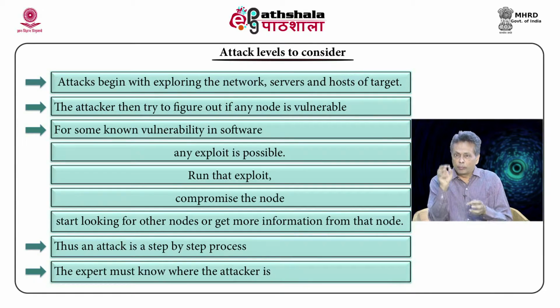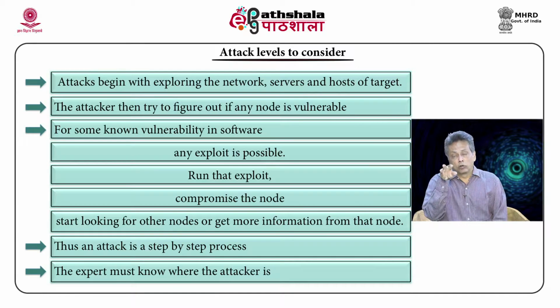Then he probes a little deeper, figuring out, for example, whether a node is running an old operating system or an old browser or has a typical vulnerability. Once he finds a typical vulnerability, the attacker will find a typical exploit which can take advantage of that vulnerability to enter that node.